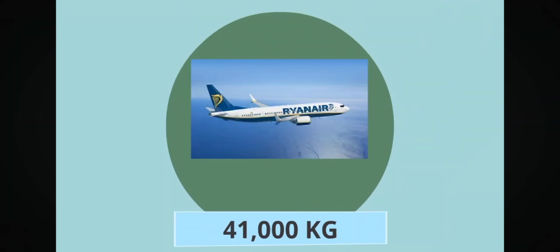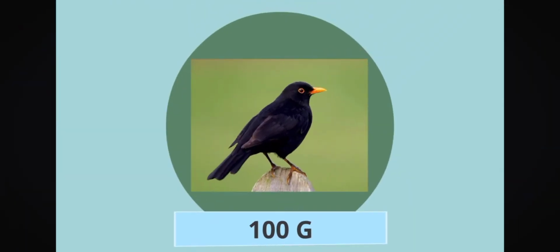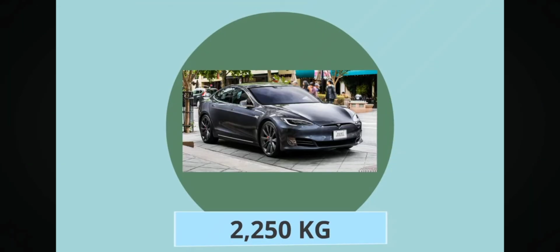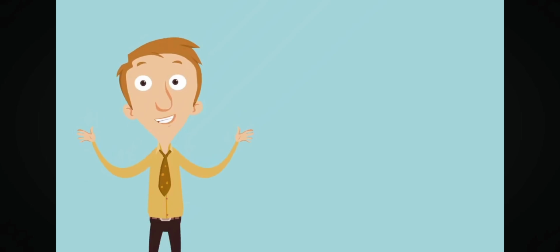An aeroplane with a weight of 41,000 kilograms to a bird weighing just 100 grams. A whale with a weight of 30,000 kilograms, right up until the latest Tesla model, weighing 2,250 kilograms.